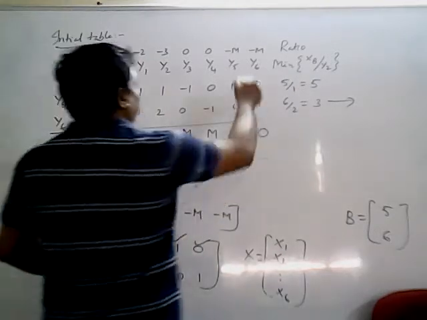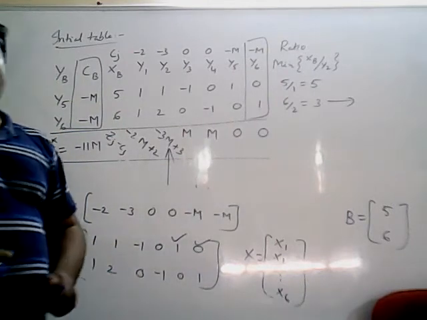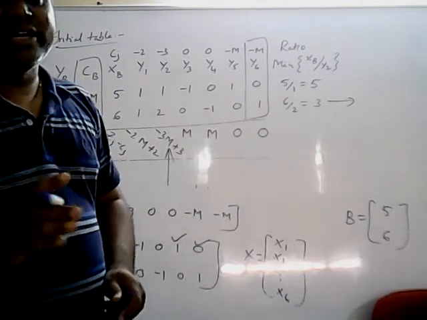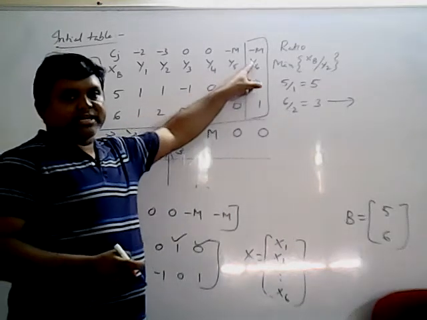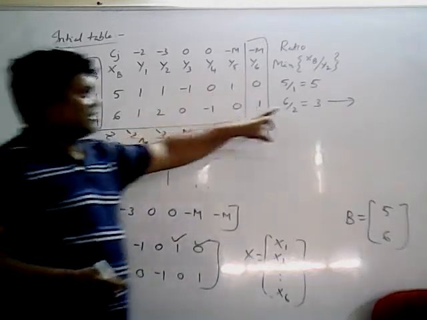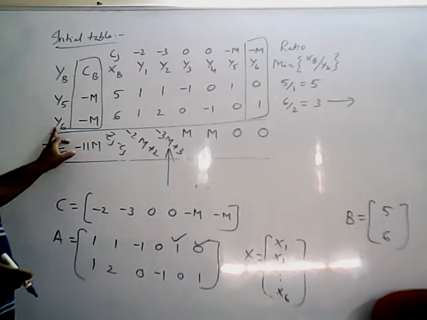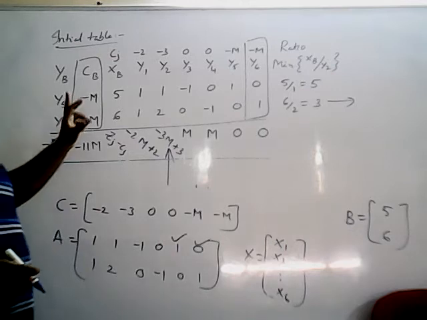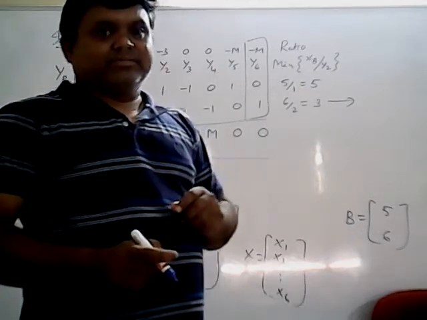We should not represent this y6 column in the next table. That means in the next table, how many columns will you get? y1, y2, y3, y4, y5 only. So if the deleting variable is an artificial variable, you won't represent that column in the next simplex table. This is the only change.